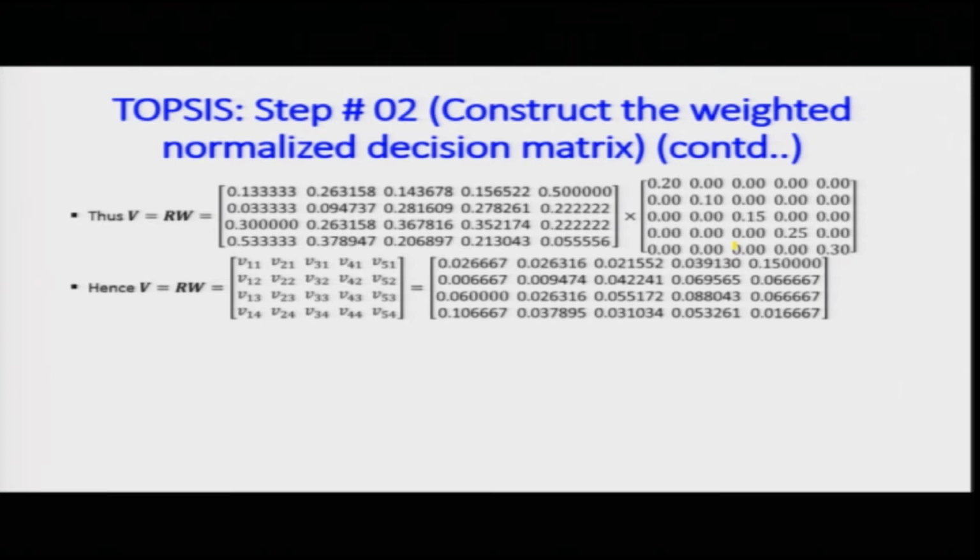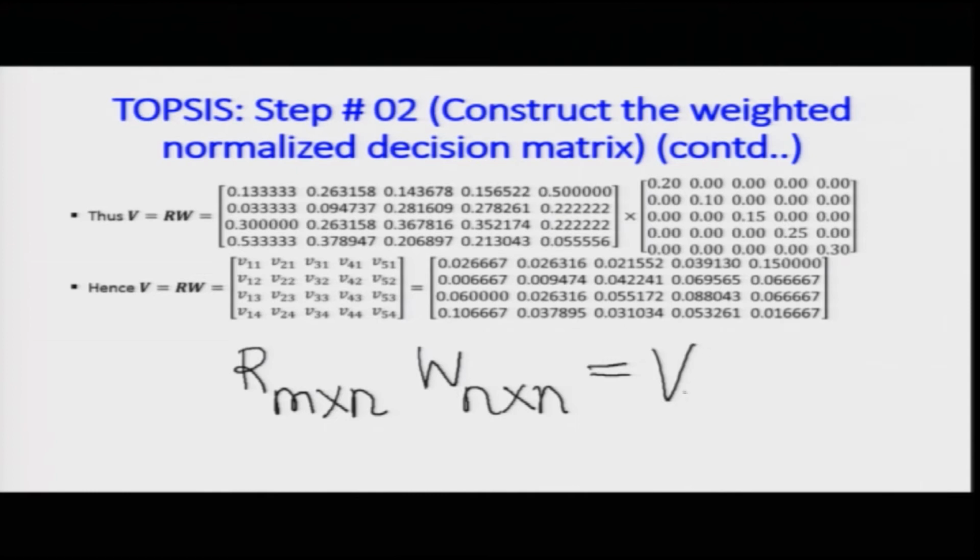So, the actual value which I will have, I mentioned it time and again, but still I write it. When you do that, matrix R is m cross n, it will be multiplied by W, which is n cross n. The actual value V would be m cross n now, as it should be.